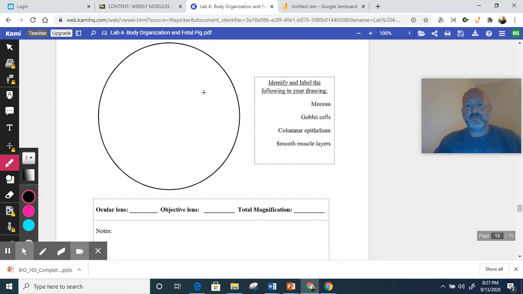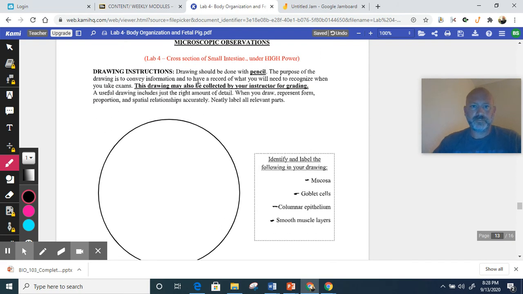In here, be sure to identify the mucosal layer. So everywhere that there's villi, draw and label the goblet cells, the columnar epithelial, and try to get some of the smooth muscle layer in there. Remember, I want this drawing to be on high power. Does that say that up here?